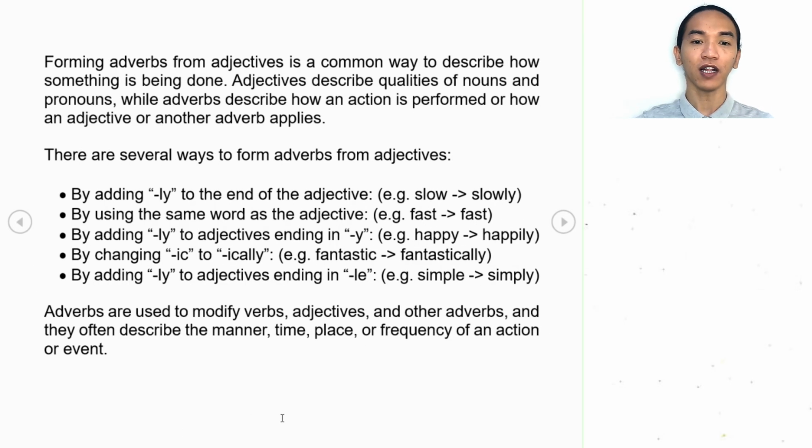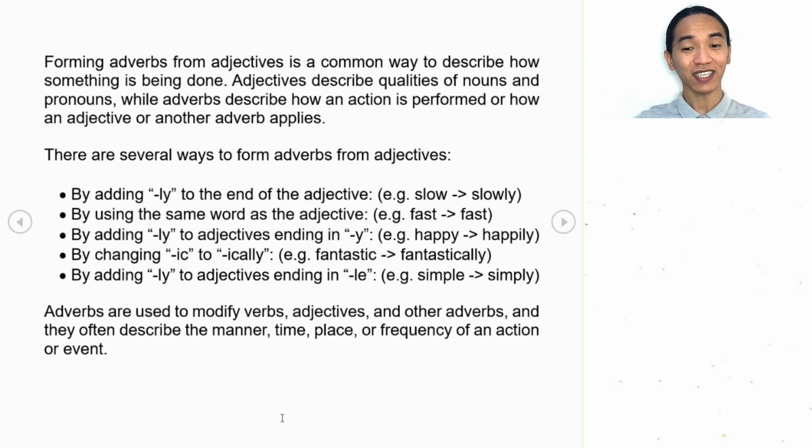So first of all, forming adverbs from adjectives is a common way to describe how something is being done. So adjectives describe qualities of nouns and pronouns, while adverbs describe how an action is performed or how an adjective or an adverb applies. So there are several ways to form adverbs from adjectives.